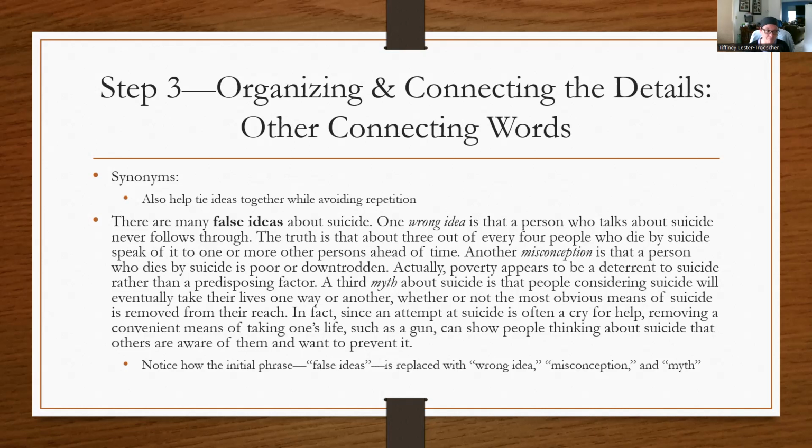A third myth, a myth is a false idea, right? So they were able to use synonyms to keep us on track without being super repetitive. They didn't have to use the phrase false idea every single time they brought up a new main idea, right?